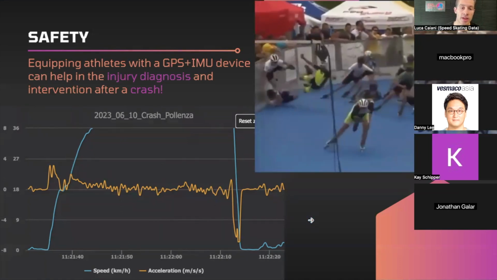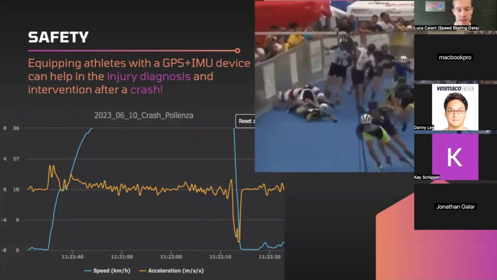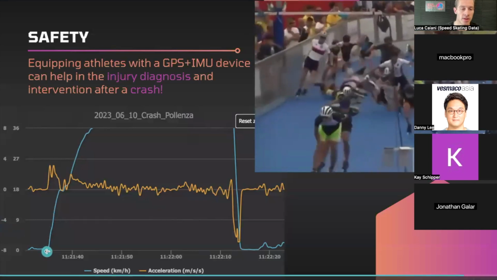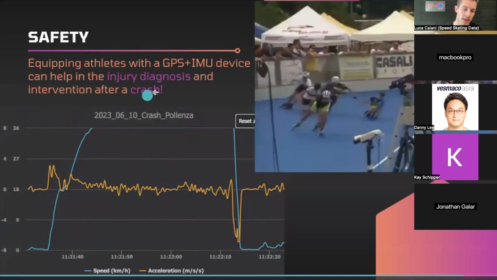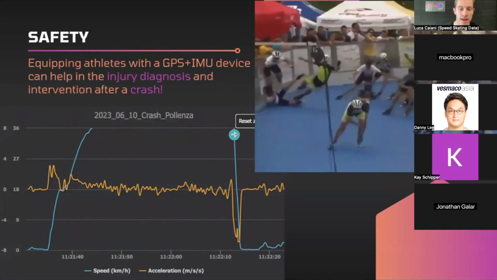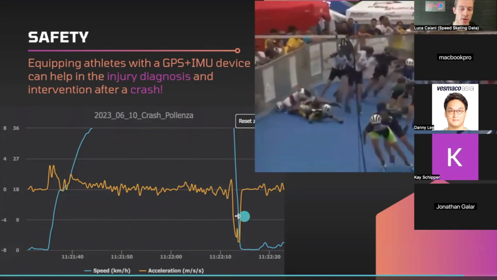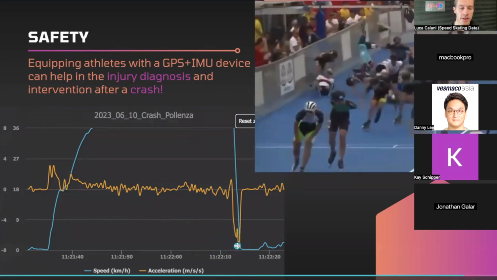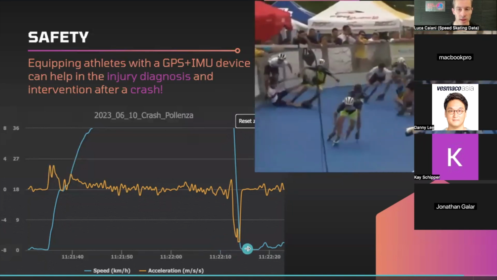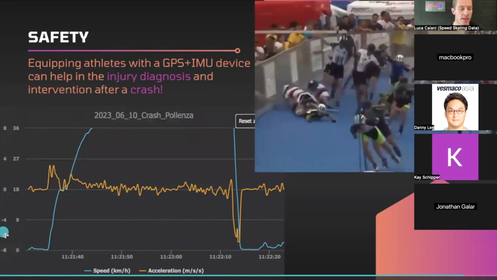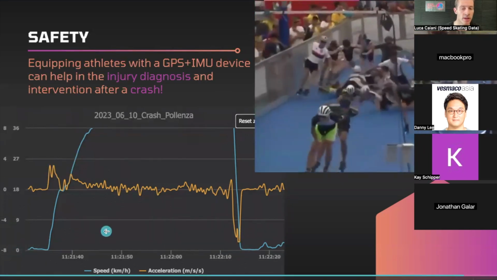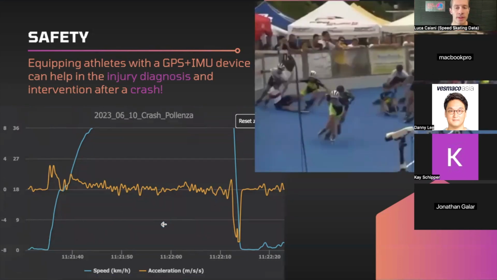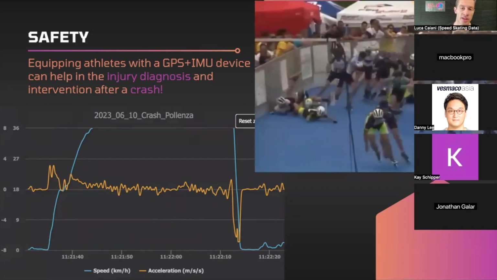And he was equipped with a GPS monitor during that race. And you can see here the start of the race, increasing the speed, then they maintain the speed high, and then here the crash, and you can find the peak deceleration of the crash. From here you can see it's around 7 and something meters per second squared, which is not that huge.